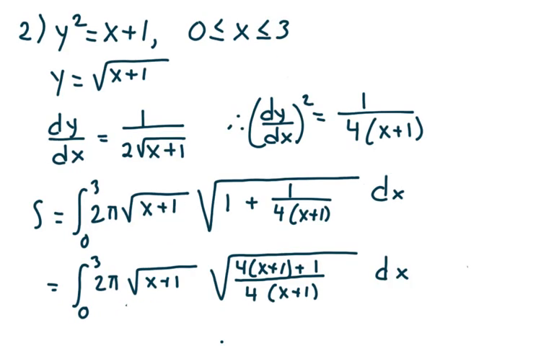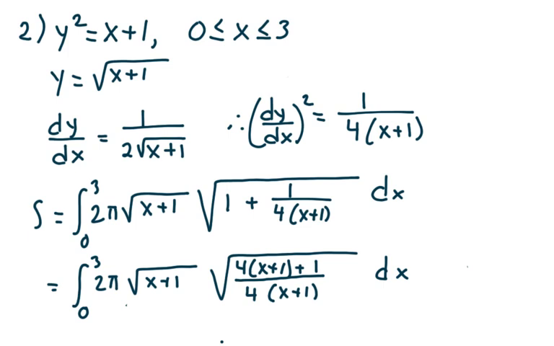Let's take a look at example 2. y squared is equal to x plus 1, where x is greater than or equal to 0 and less than or equal to 3. Now we can solve for y and write this as y equals the square root of x plus 1. Because notice my limits are in terms of x, and so I want to express y as a function of x.